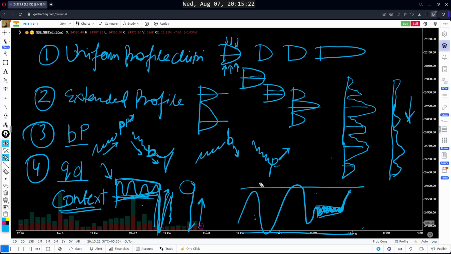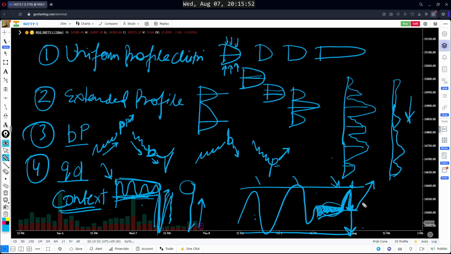And if it goes up, market is already in a range, and whenever it comes here, there is an expected selling that's supposed to come, and when market shoots towards the end of the day into that expected selling area making a D shape, then there are hard chances that it would come back again and test this value area again. After that it might want to go up, that is a separate story, or after that it might want to go down, that is again a separate story, but it would come back to this area and that trade can then be taken.